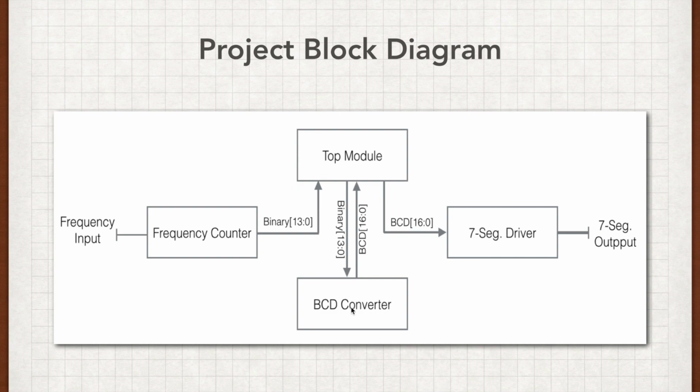Inside of that top module, there's a BCD converter, and that will BCD convert this count so that it can be used to drive the 7-segment display. And so that is like the final project that we wound up coming up with, and that's what you see on the front page. I'll probably come up with this BCD converter video later on, and then I'll come up with the 7-segment video.